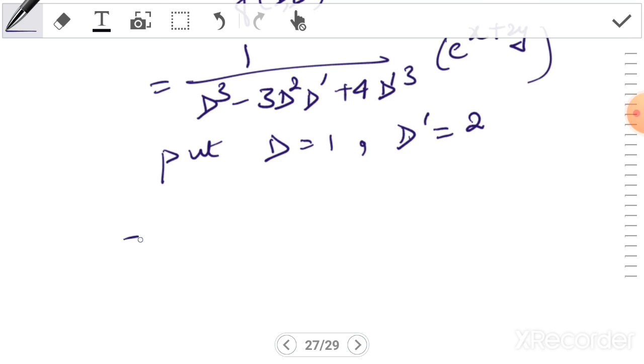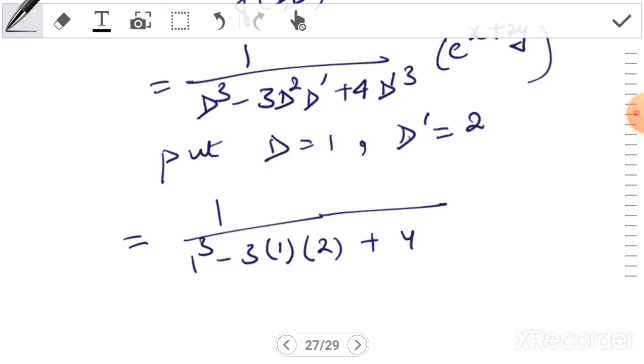So again we have 1 by 1 cube minus 3 times 2 into 1 square, that is 1 into 1 square times 2, plus 4 times 2 cube, e power x plus 2y.